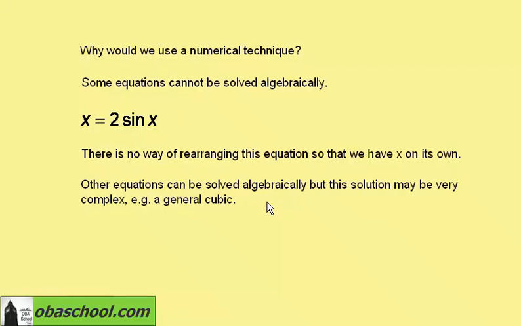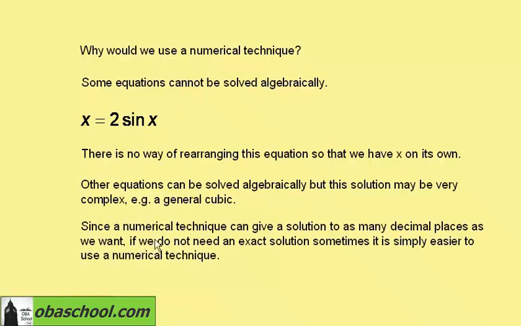A general cubic can be very difficult to solve. There is a cubic formula, just like there is a quadratic formula, but it's hugely more complex. If you don't believe me, look it up on the web. It's so complex that in practice, people would rather use a numerical technique rather than find the exact answer using the cubic formula.